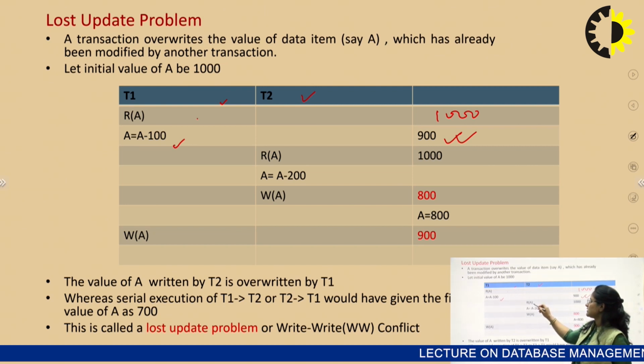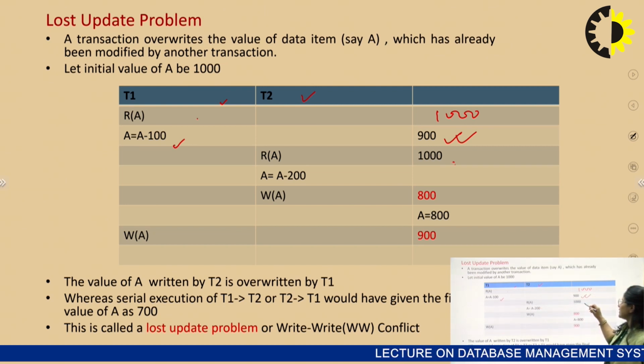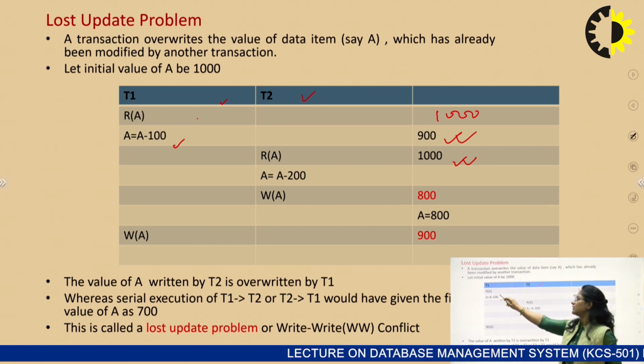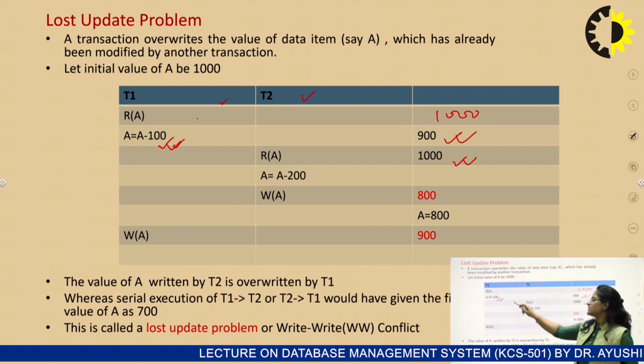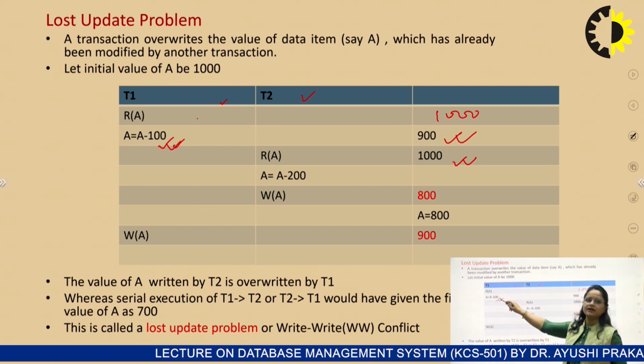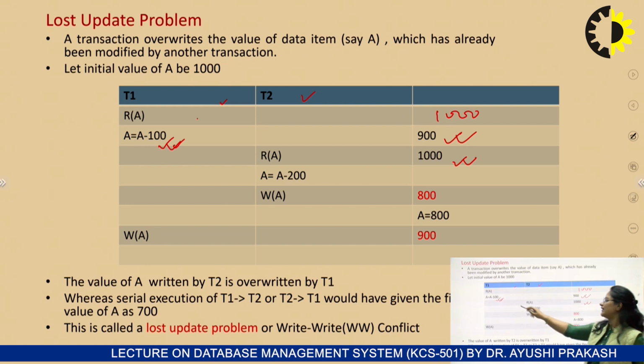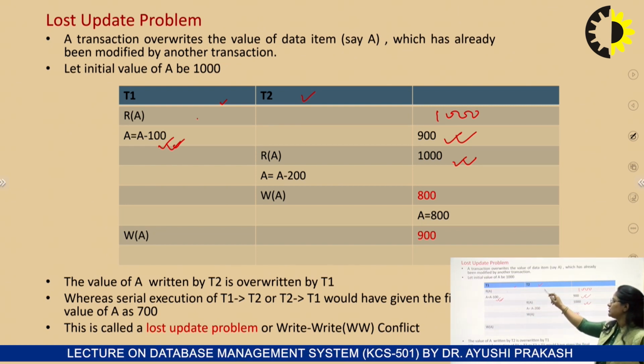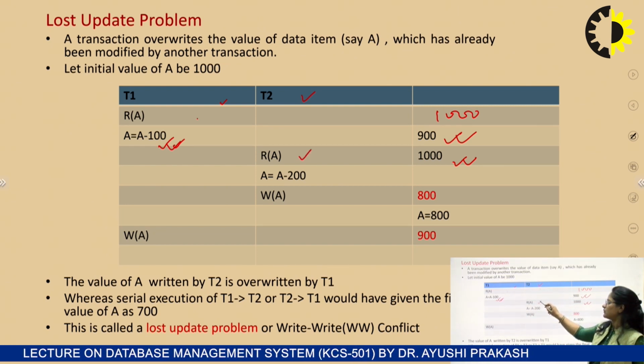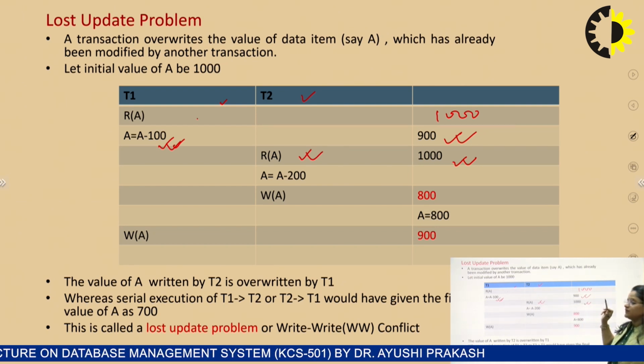Now T2 reads the value again as 1000. Why? Because T1 has deducted 100 but has not yet written it to the database, so T2 reading account A gets 1000.